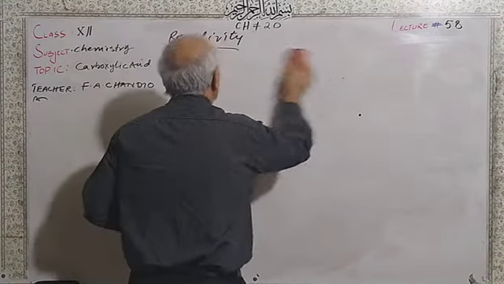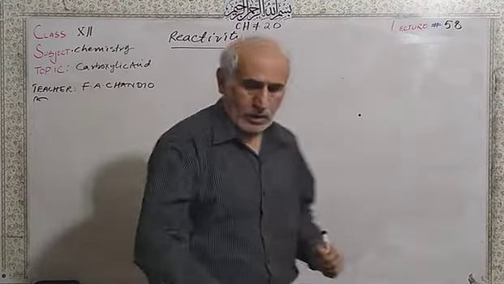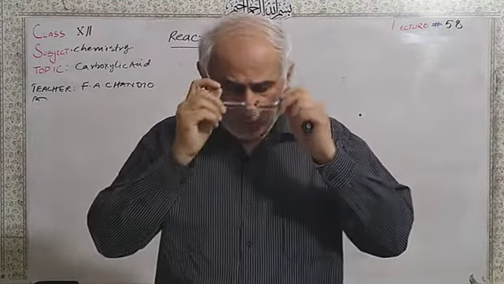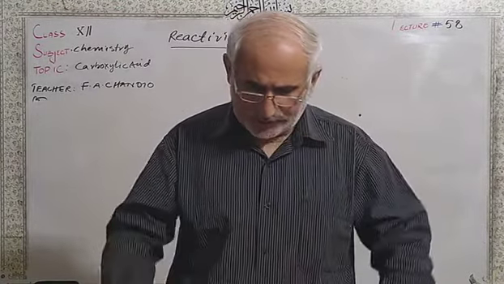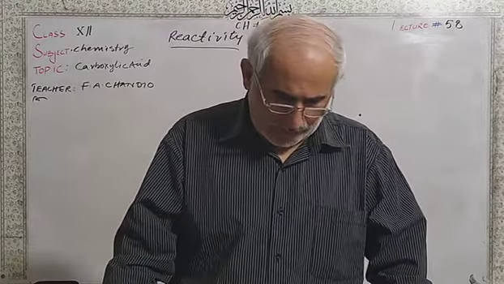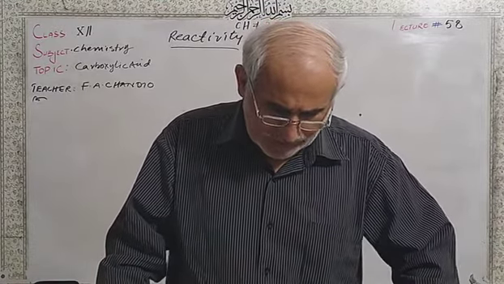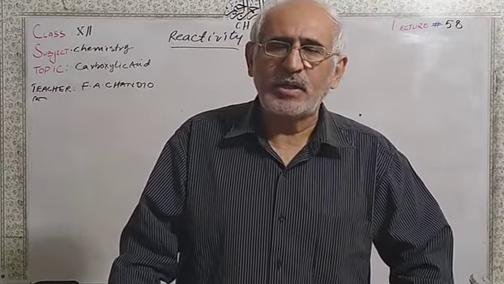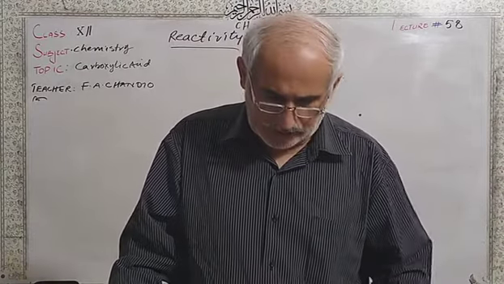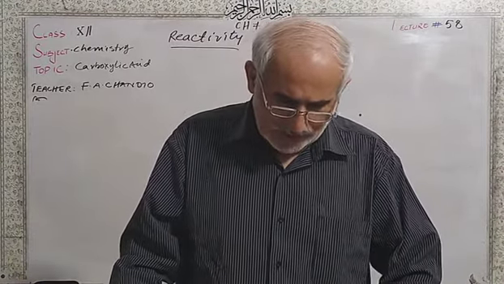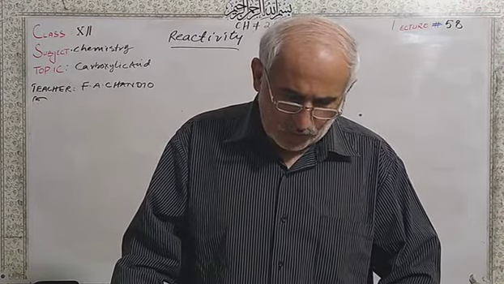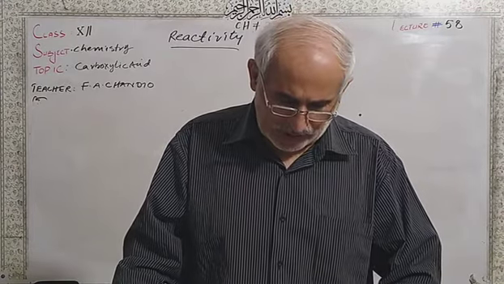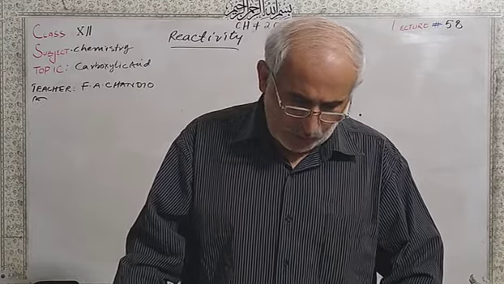Now I am going to write here: Reactions of carboxylic acid, 20.7, conversion of carboxylic acid into its derived compounds. Carboxylic acid undergoes the following types of chemical reactions, as I already told you.